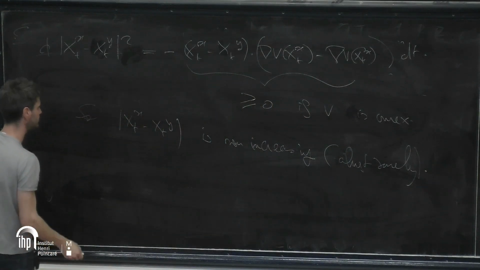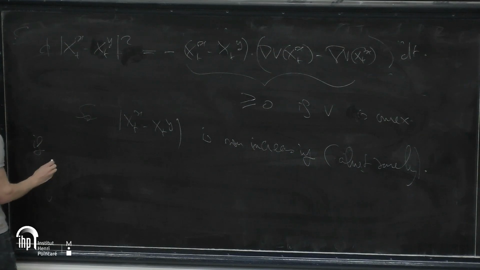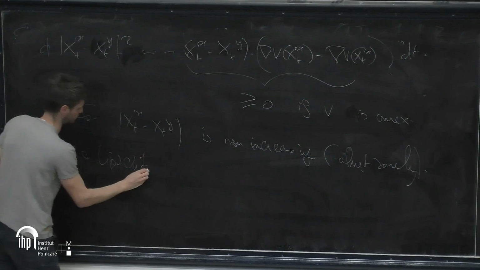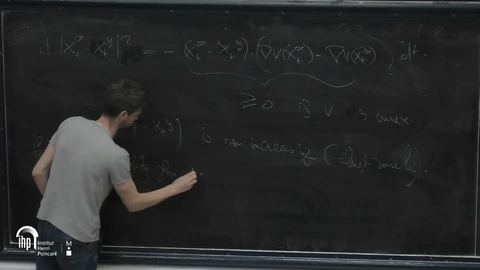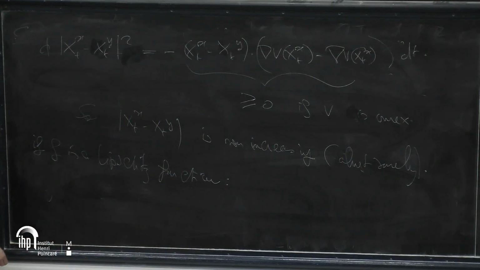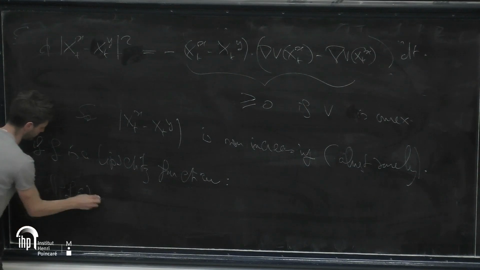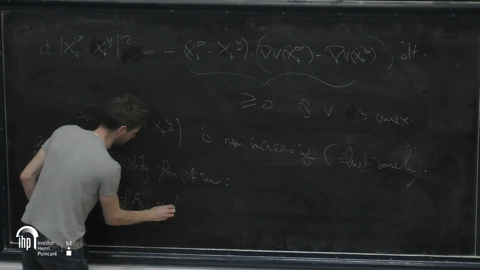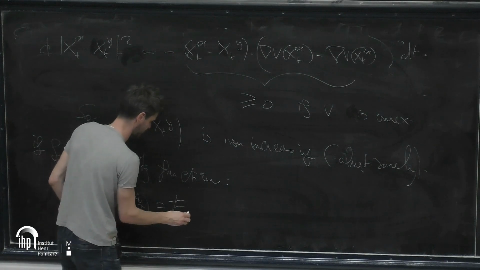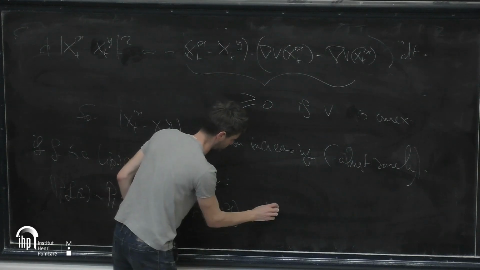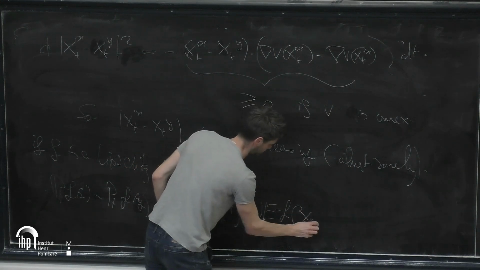And now you're done, because if f is a Lipschitz function, then Ptf at x minus Ptf at y, by definition, is the expectation of f at Xt^x minus f at Xt^y.